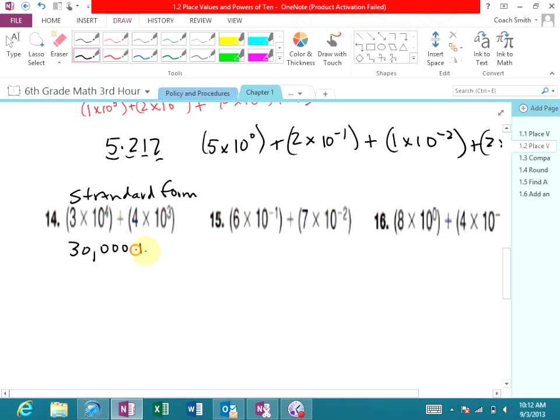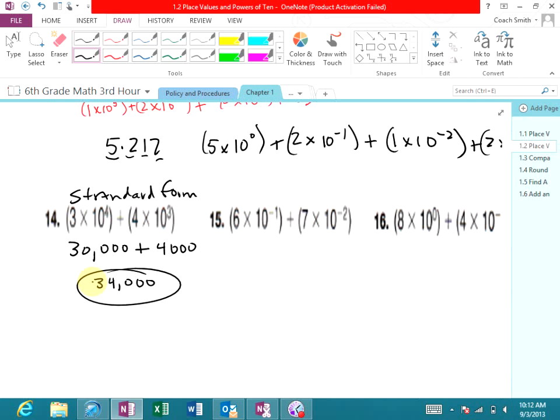Plus, what is 4 times 10 to the 3rd? What is 10 to the 3rd power? Emma? The thousandth. So what would that be? 4,000. That's correct. So that means I have 34,000, written in standard form. That's all you have to do on that.